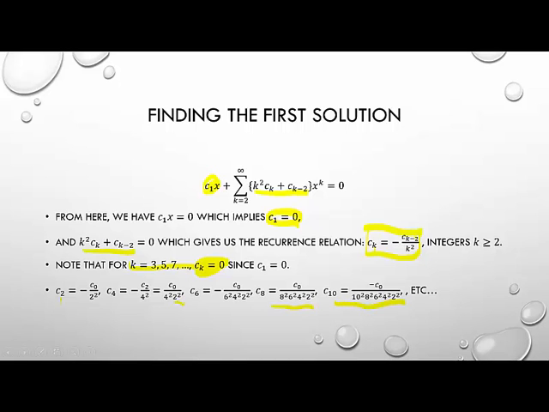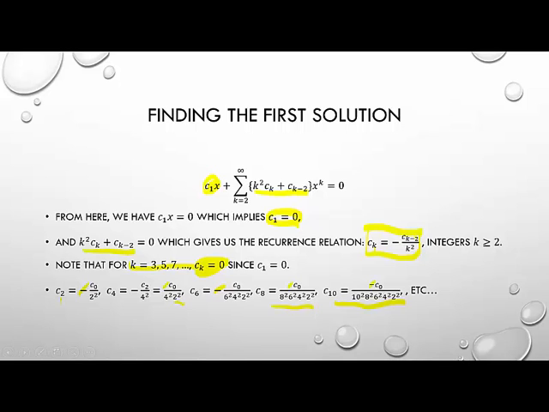So we're trying to find some sort of pattern here. One pattern to notice is the alternating series, where it goes from positive, negative, positive, negative. The other pattern we note is that we have 2 squared, we have 4 squared times 2 squared, 6 squared, 4 squared, 2 squared, etc.